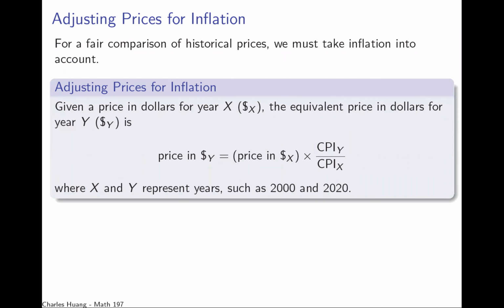When we adjust the price for inflation, this ties into what we were talking about before. We do this a little bit like doing unit conversion. We look at the years. So if I want to change to a different year, I take my price, I divide it by the current year, and I multiply by the CPI in a different year.